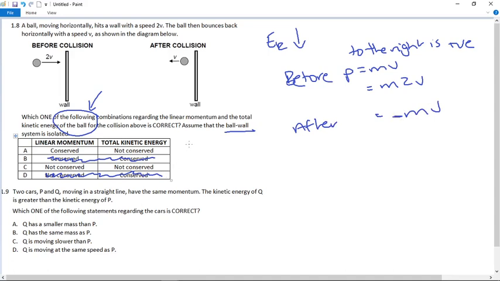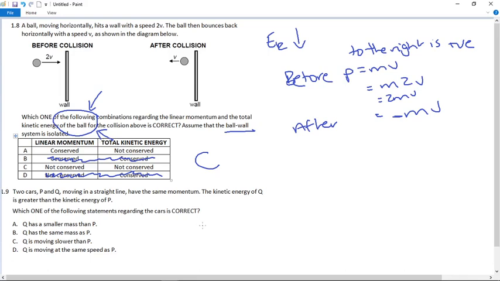So those two values, 2mv and mv, are not the same. If these two are not the same, the ball's linear momentum was not conserved. Maybe for the whole system, if you count the wall in, everything is conserved, but for the ball only, the answer is C.